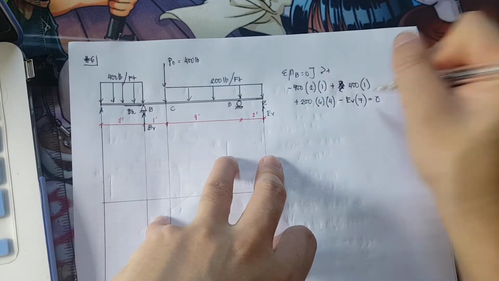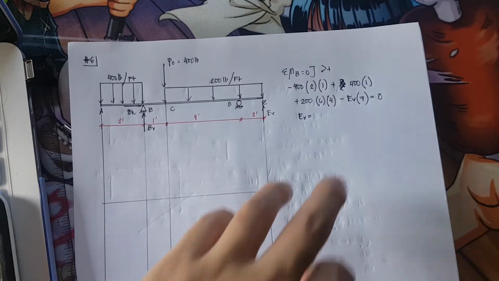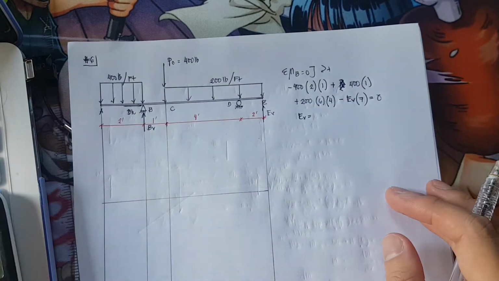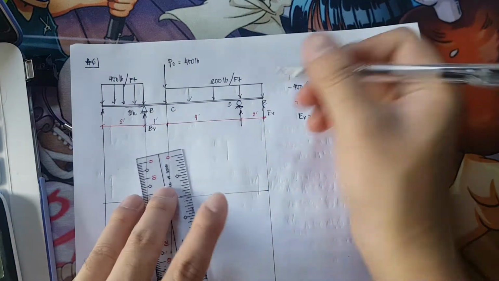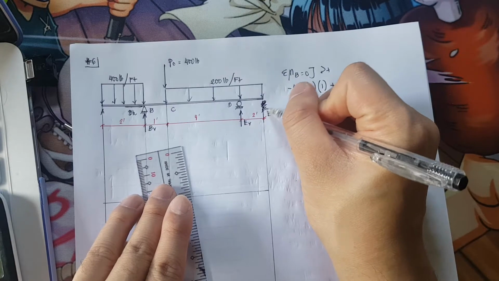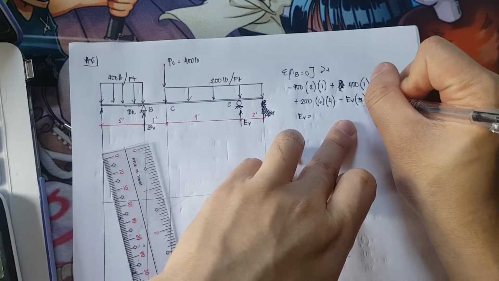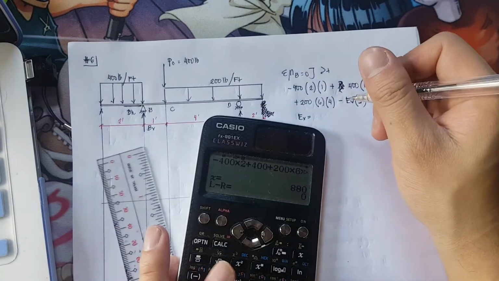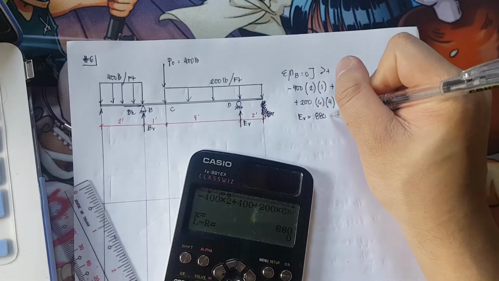Therefore, E vertical is equivalent to, correction, E vertical is not 7 because E vertical is located here. So this is E vertical, it is not located here. That was a mistake. So that should be 5 feet. Okay, so 5 feet. E vertical is equivalent to 880, and that is in pounds.